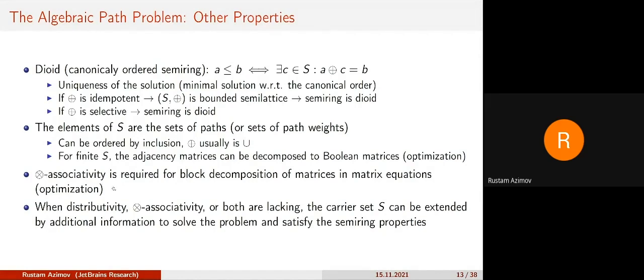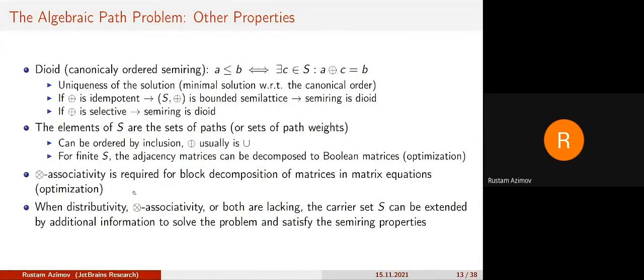For example, some algorithms or some optimizations cannot be used for such algebraic structures. When we solve some matrix equation, an optimization such as block decomposition cannot be used if you don't have associativity of the multiplication operation in your algebraic structure.